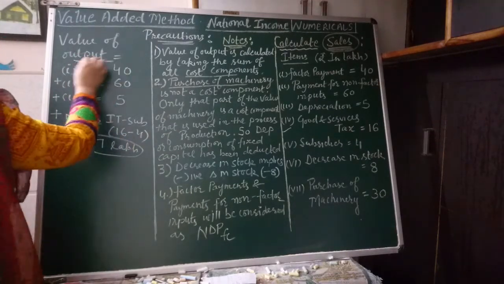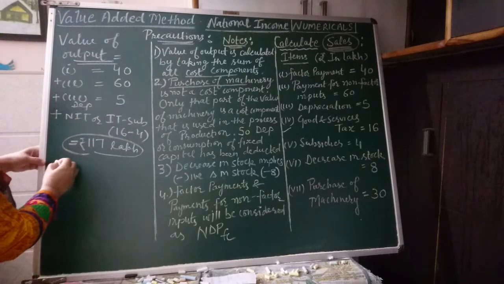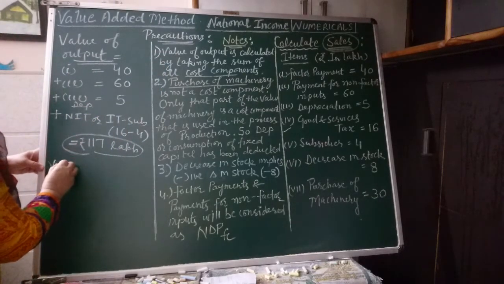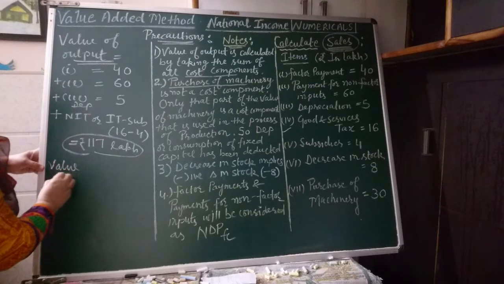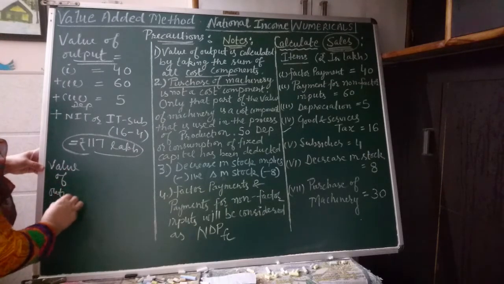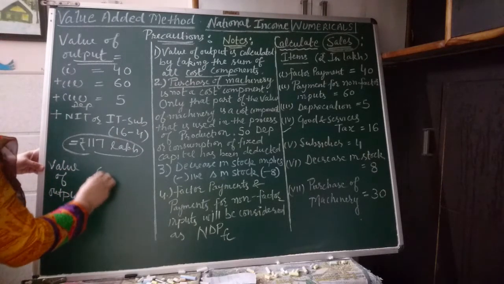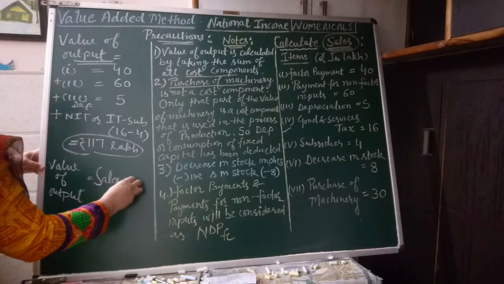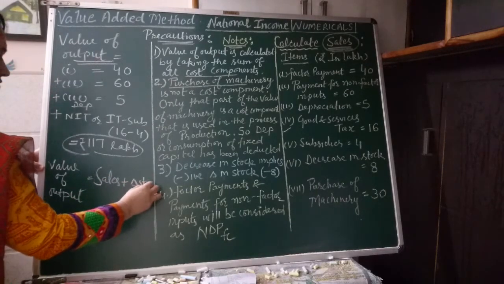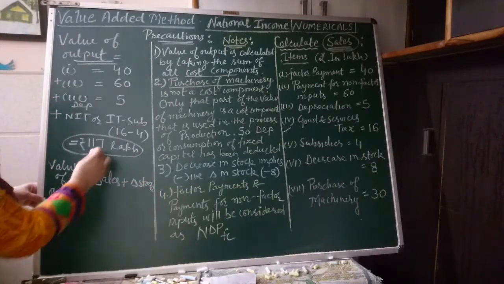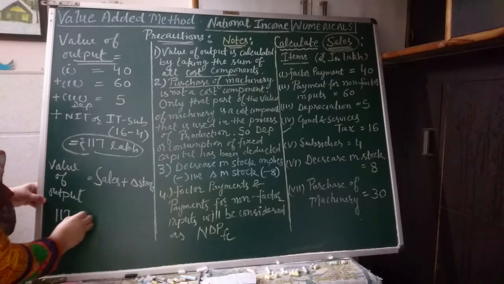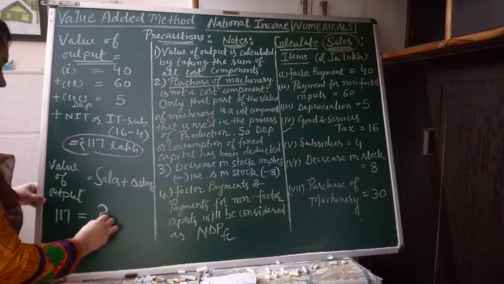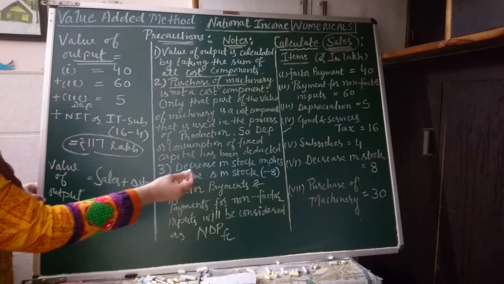Next we have to calculate sales. We know that value of output is equal to sales plus change in stock. Value of output, which we have recently calculated, 117, is equal to sales, which we have to calculate, plus change in stock.